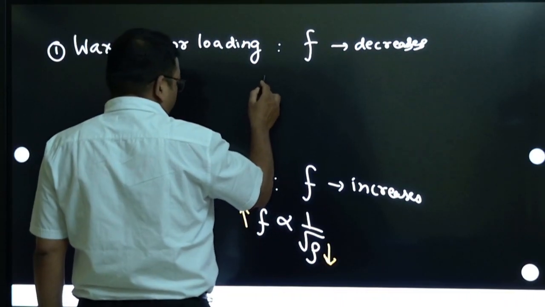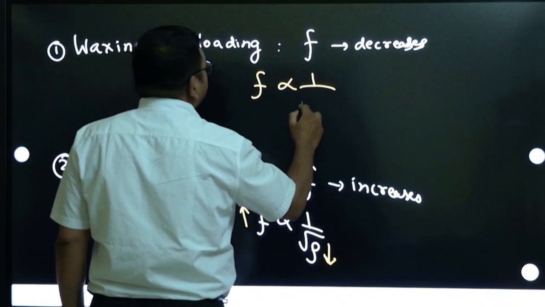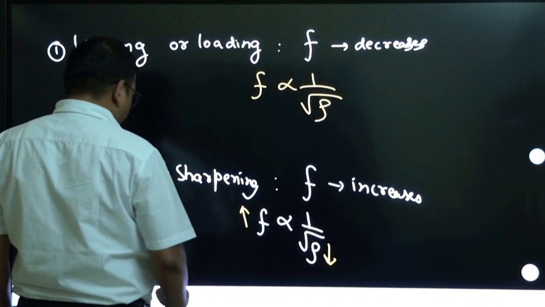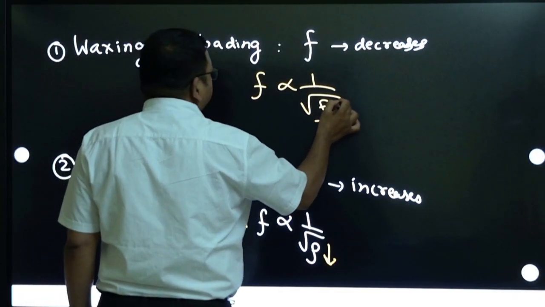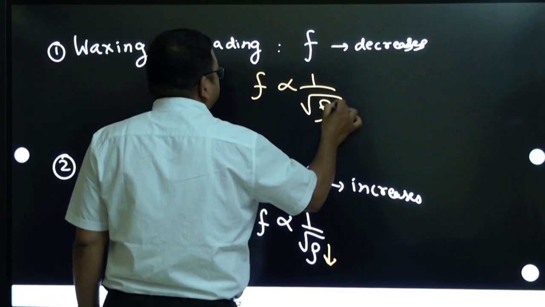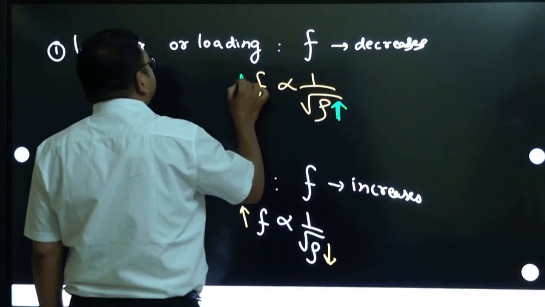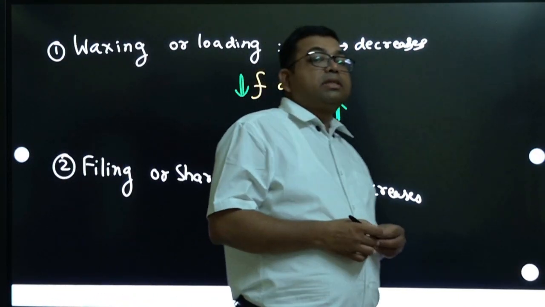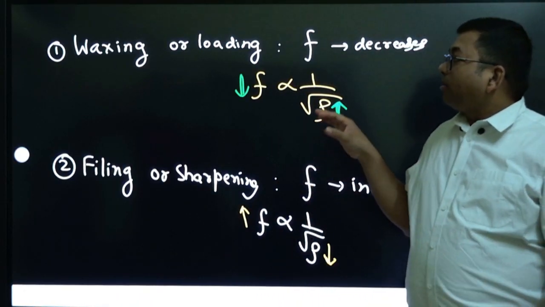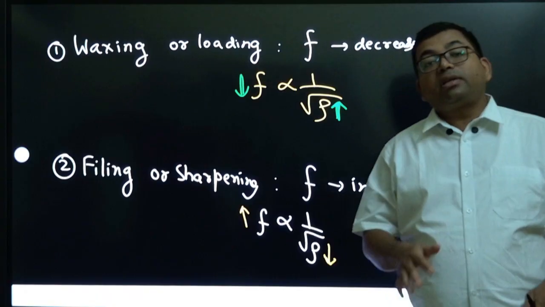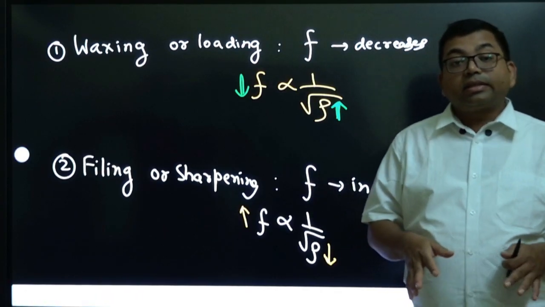Frequency is proportional to 1 by root of this. So if you are increasing this, then the frequency is decreasing. You have to understand this case. Sometimes in the question they say that you have loaded, and now beat frequency has increased or beat frequency has decreased.